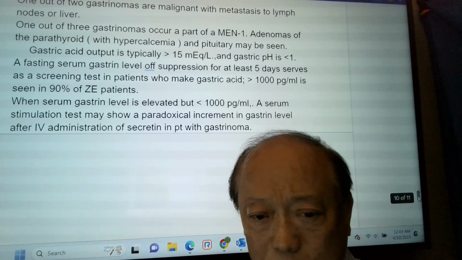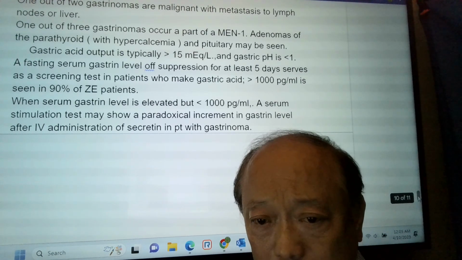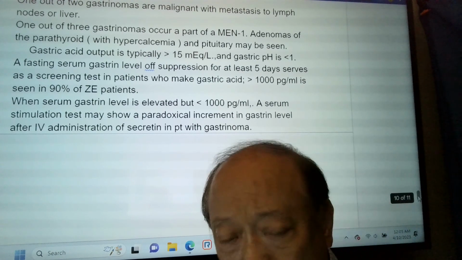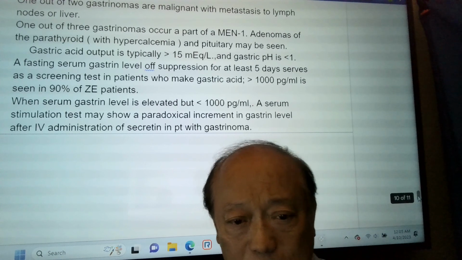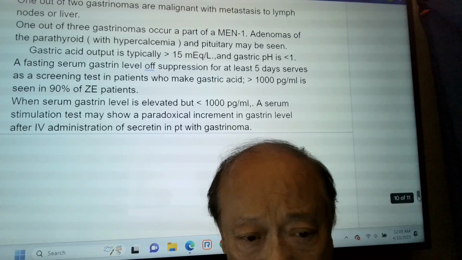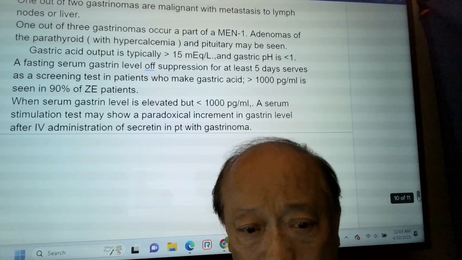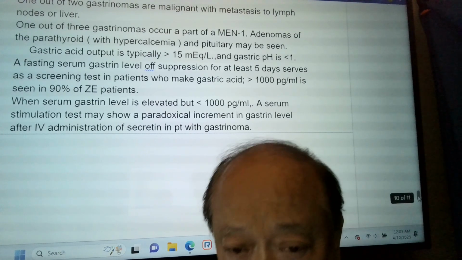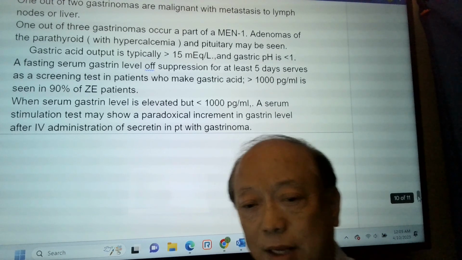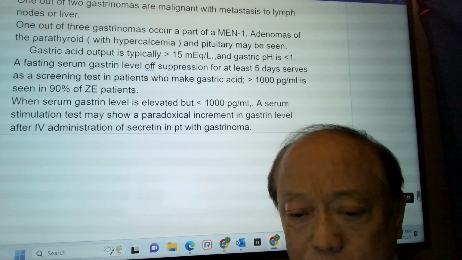When serum gastrin level is elevated but less than 1,000, a secretin stimulation test can show a paradoxical increase in gastrin level after IV administration of secretin in patients with gastrinoma. And that concludes our talk. Thank you.